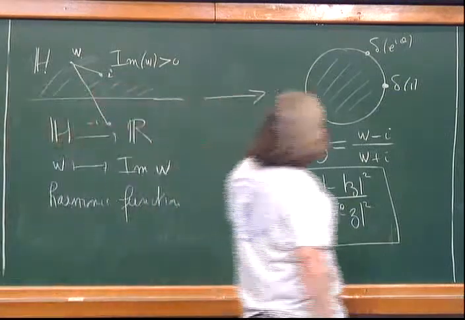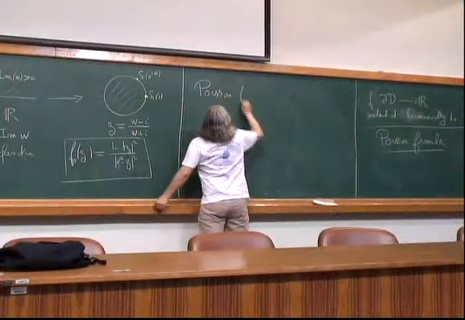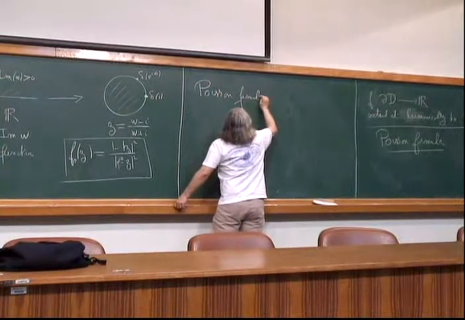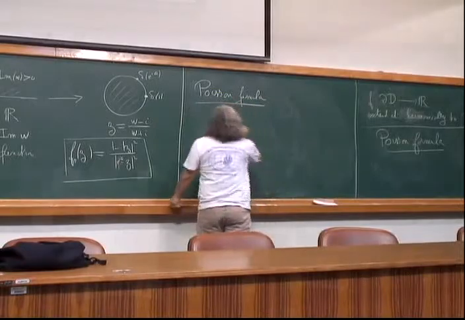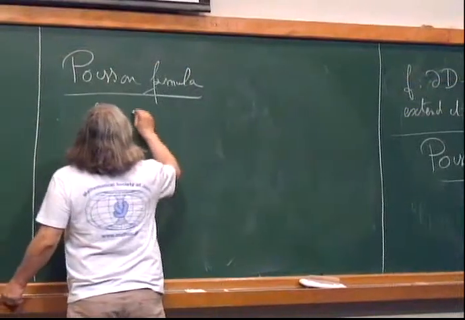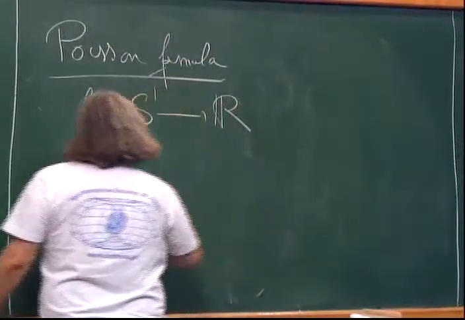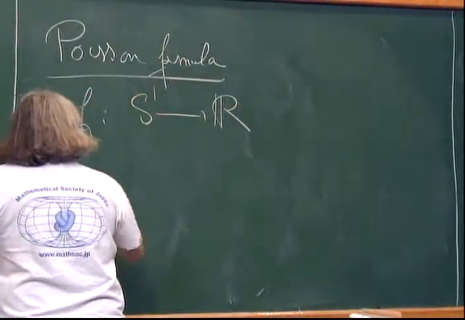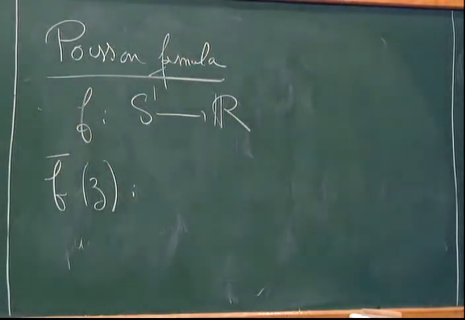So you have the following Poisson formula, which says the following: you are given a function f on the unit circle, and you define f bar of Z on the unit disk just by taking the average of that on the circle.